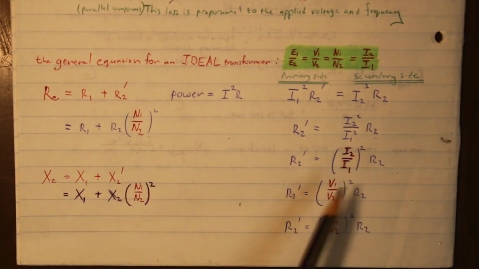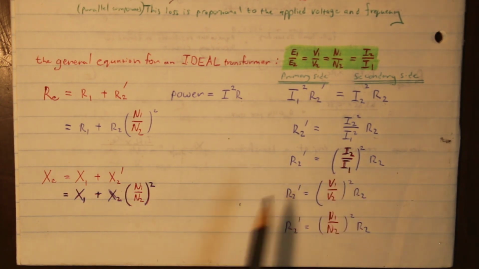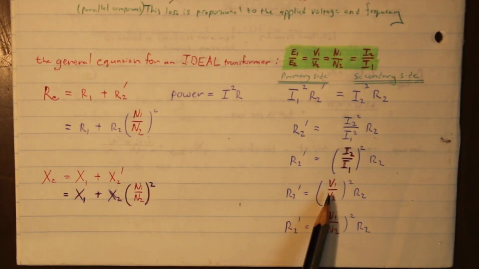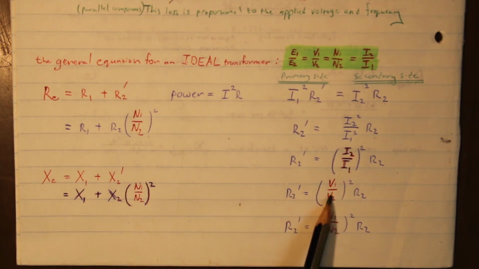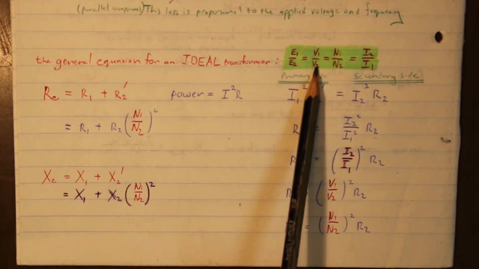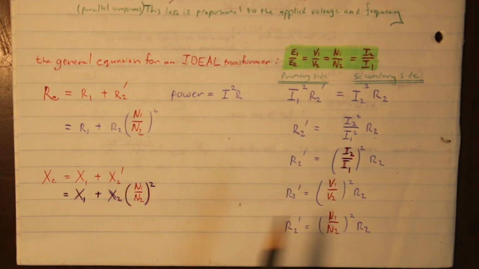What we can do now is change I2 over I1 with V1 over V2, because that's also the same. And we can also change it with N1 over N2. So now we've got three different equations that we can use. Sometimes they might only give us the currents.